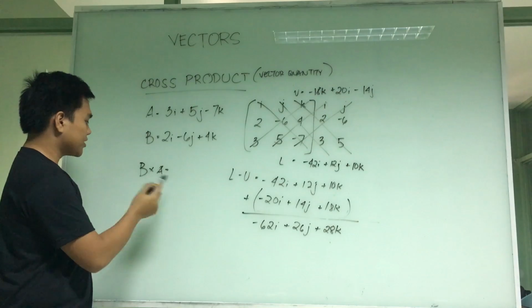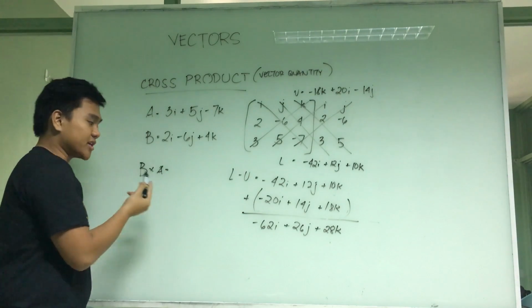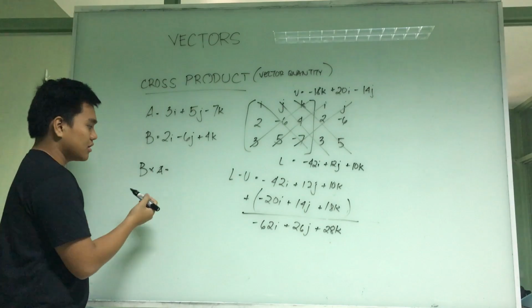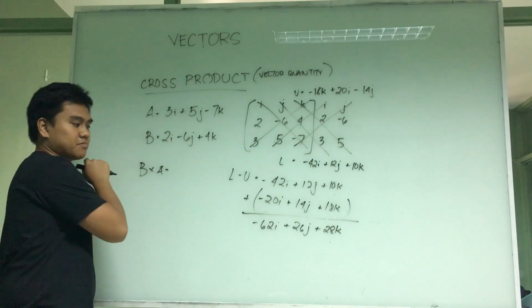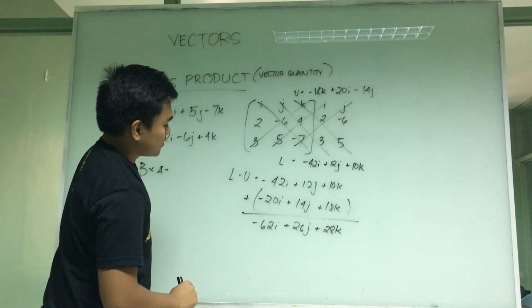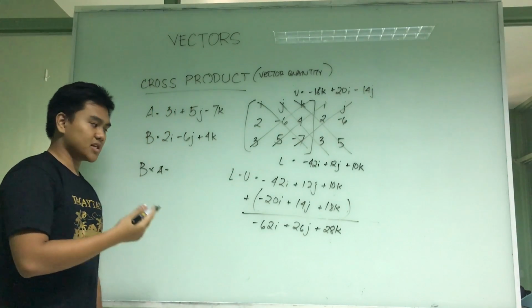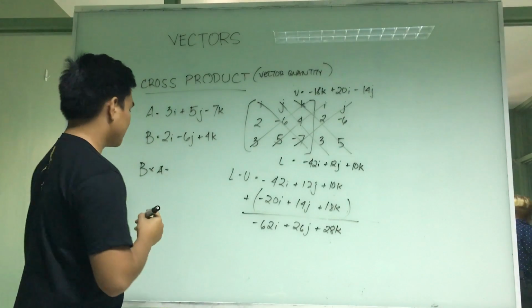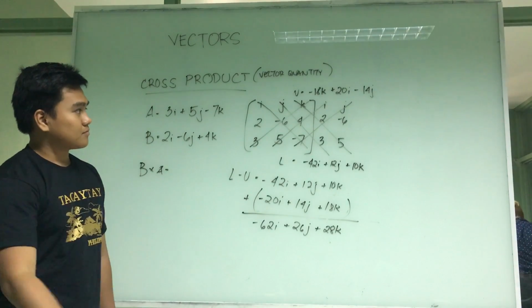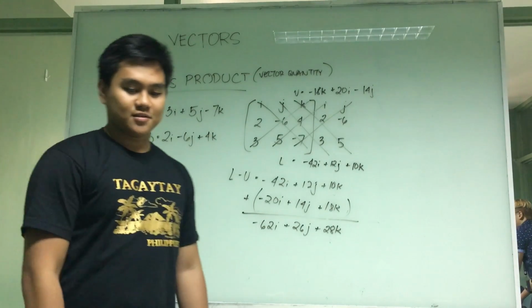Since we inverted the order, first prioritizing B, then A, it would always be different from the answer of A cross B. So A cross B will be different from B cross A. There you go. So we'll have other examples.